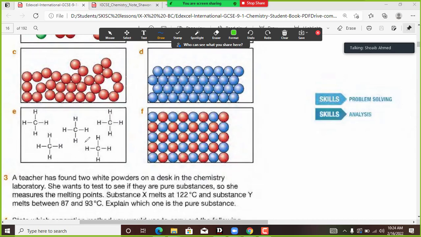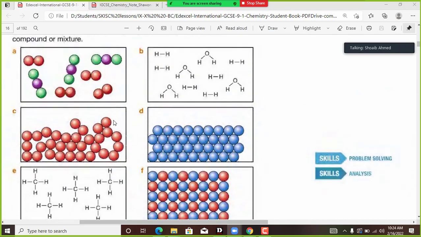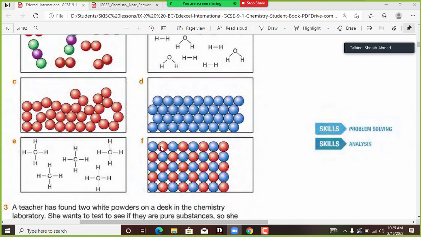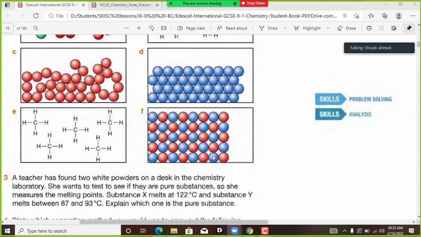Only methane is present, different types of atoms joined together, but only one type of compound. So this is a compound. A and B are mixtures, C and D are elements, and E and F are compounds.